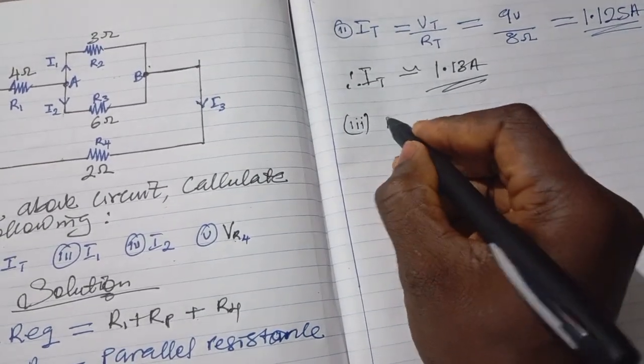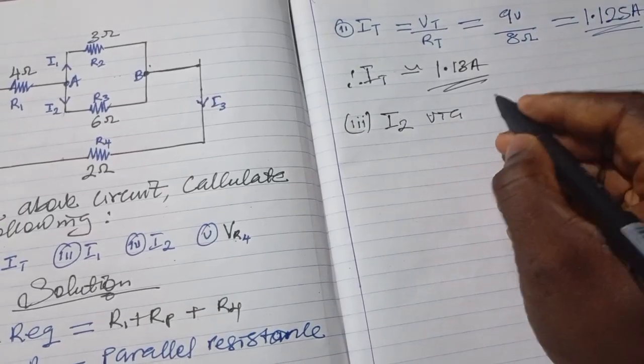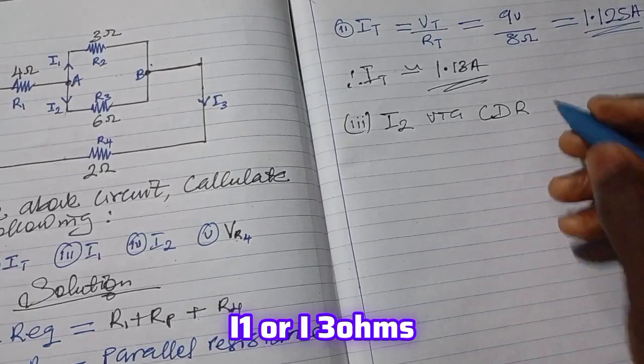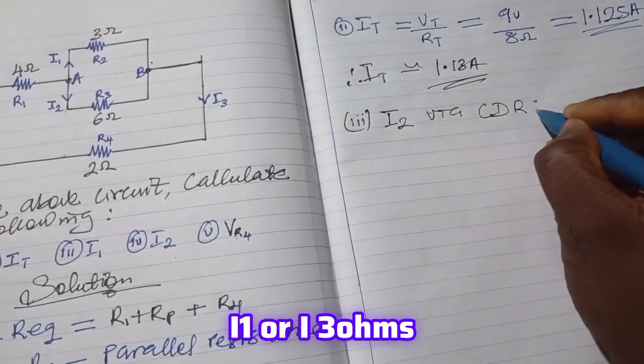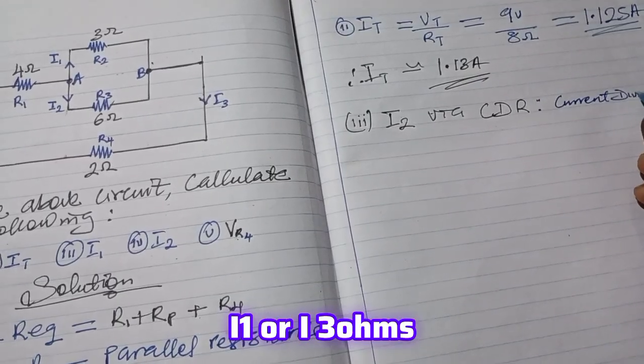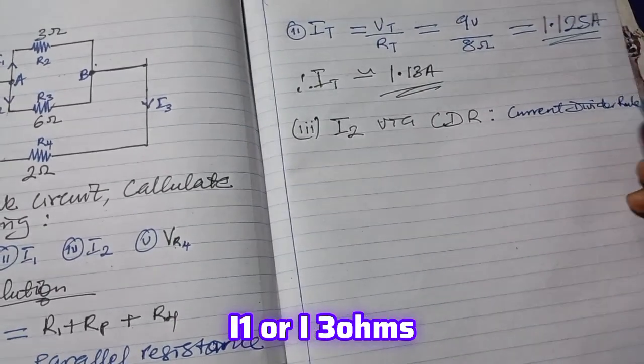All right, we have I2 via CDR, that is current divider rule. Good.